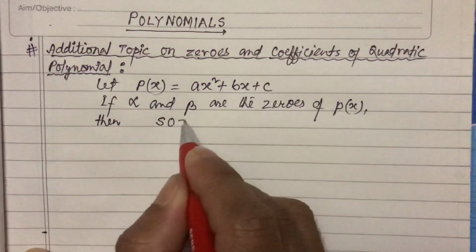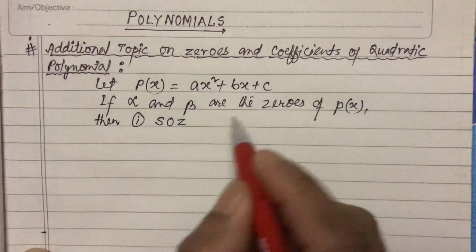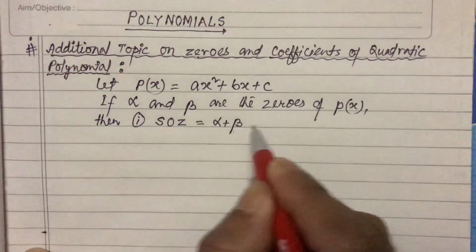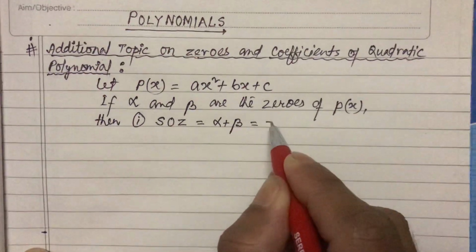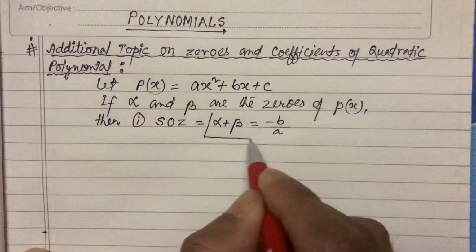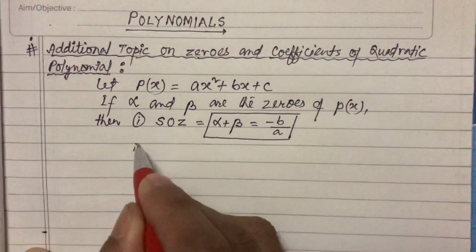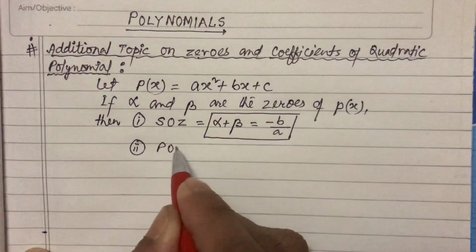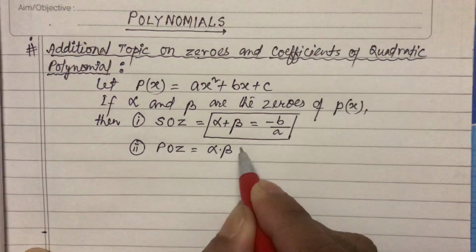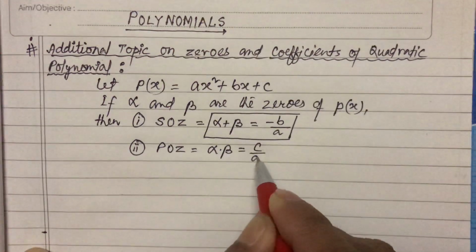Sum of zeros, let me mark number 1, alpha plus beta is equal to minus b by a. This is what we learned earlier. Second, product of zeros, alpha into beta is equal to c upon a.